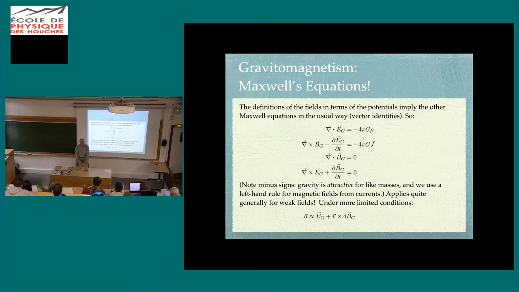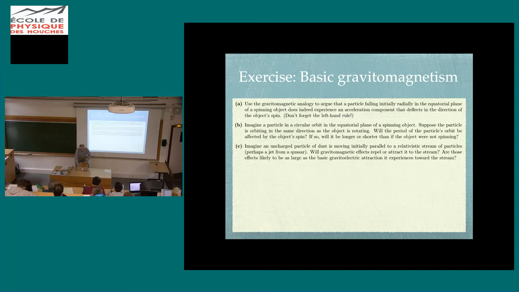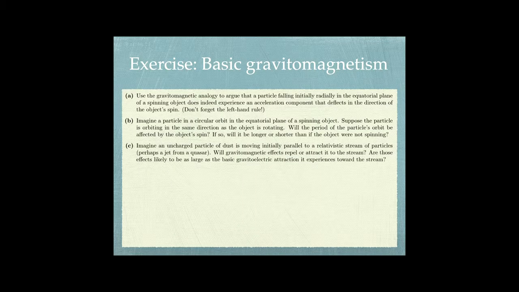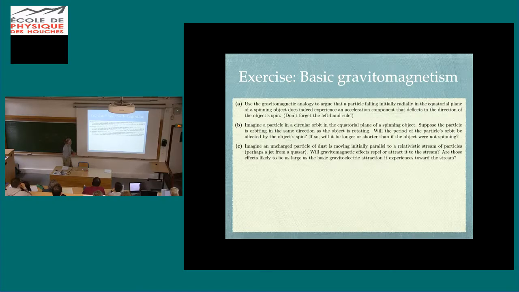You can now talk about what happens to particles near rotating objects. And so, for example, use the gravitomagnetic analogy to argue that a particle falling initially radially in the equatorial plane of a spinning object experiences an acceleration component that deflects it. Okay, frame dragging, in other words, right?